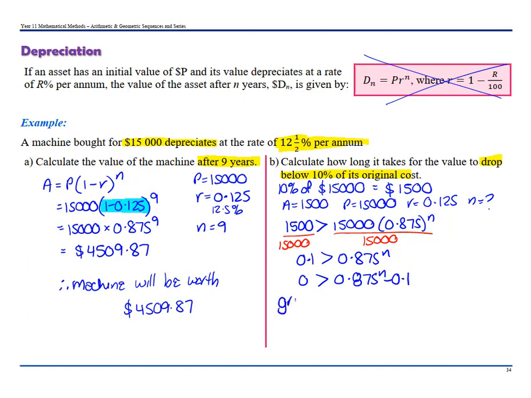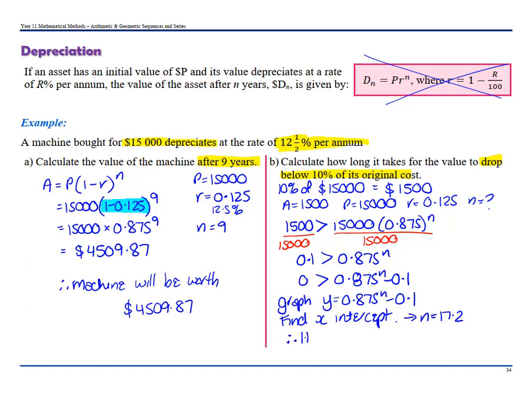So we're going to graph y equals 0.875 to the x minus 0.1. We're going to find the x-intercept. Okay, well, to the power of x, not to the power of n. And we end up getting n equals 17.2.